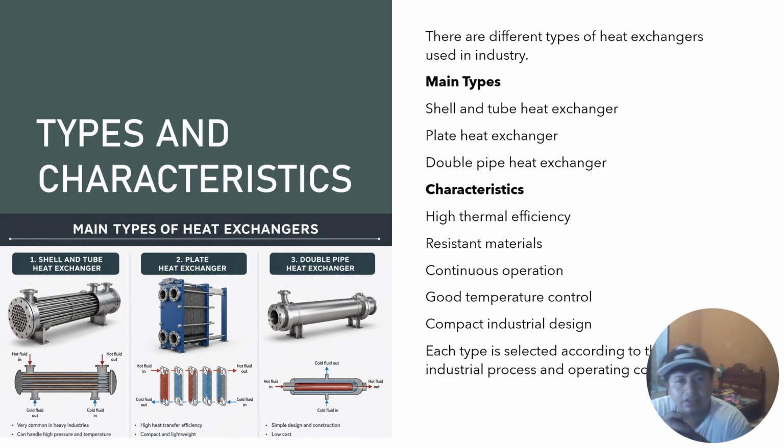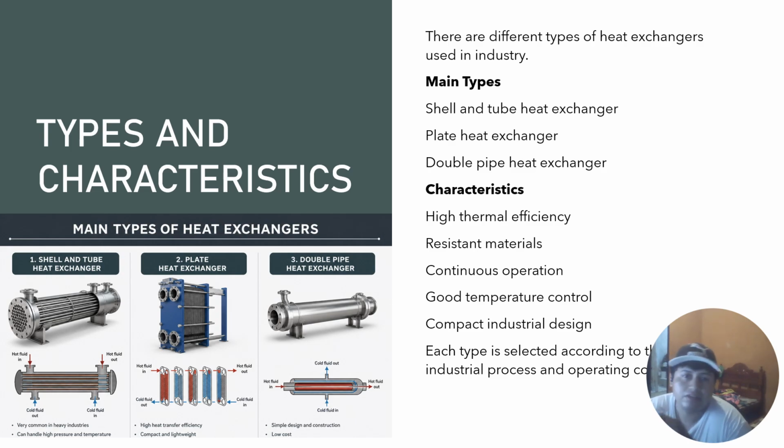Types and their characteristics. There are different types of heat exchangers used in industry. The main types I'm going to speak about briefly are the shell and tube heat exchanger, the plate heat exchanger, and the double pipe heat exchanger. Their characteristics are high thermal efficiency, resistant material, and continuous operation.